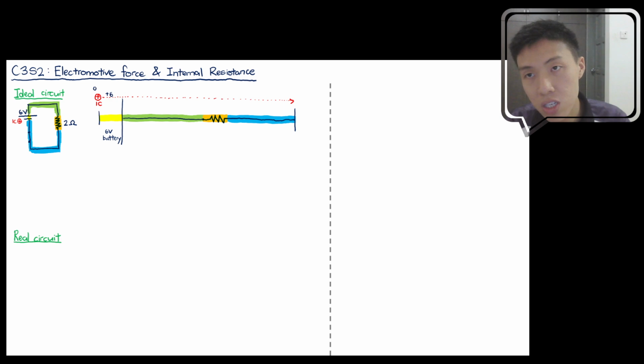So we know that initially it comes back at the negative terminal with 0 joule energy. That means that once it exits the battery, it receives 6 joule energy. So now it exits the battery with 6 joule energy.